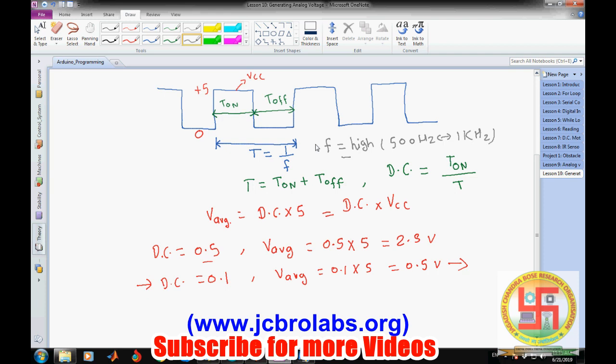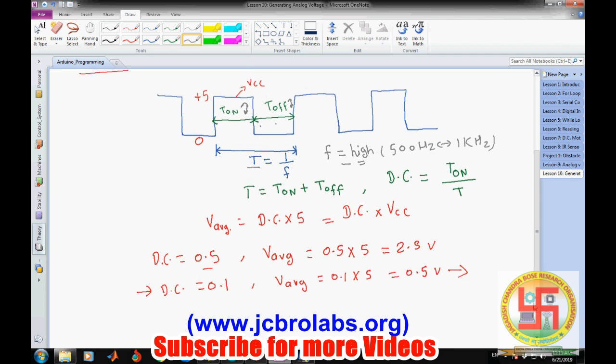So it should be high. And this F needs to be constant while changing this T on and T off. So this complete T remains constant, and we only change this T on and this T off in order to generate this PWM. This is the basic concept of PWM, and a very simple one.